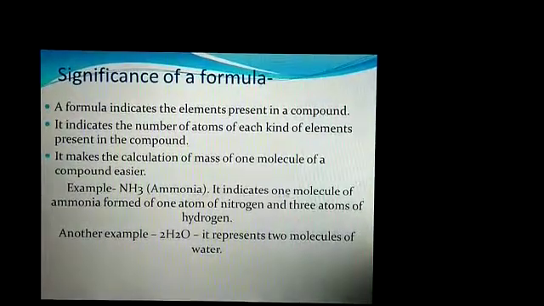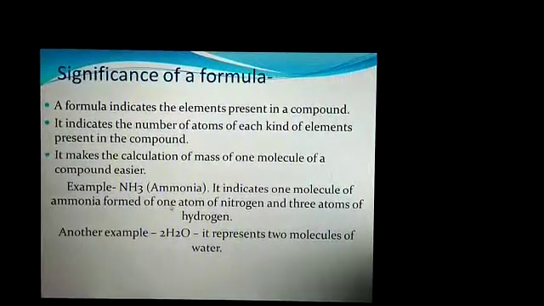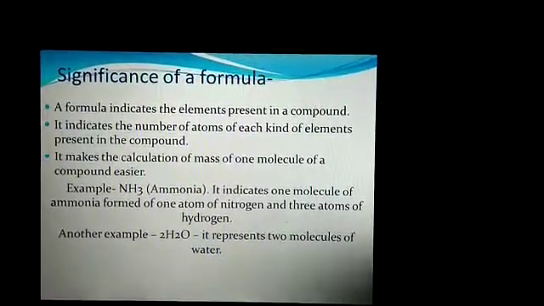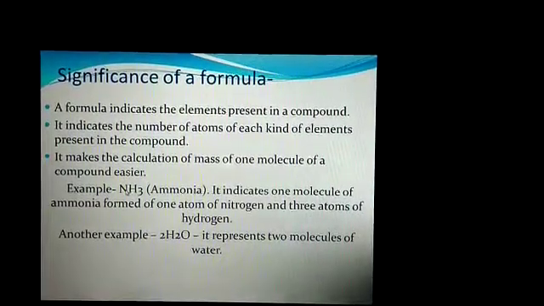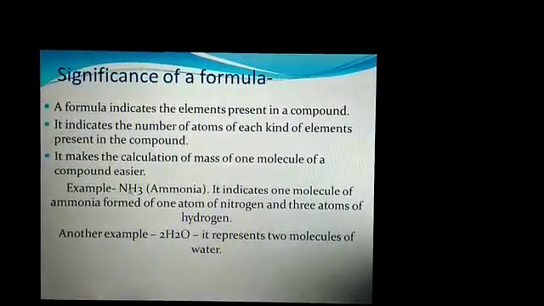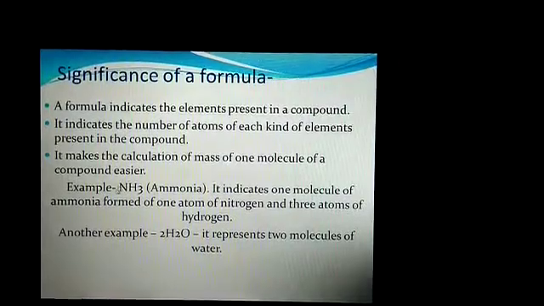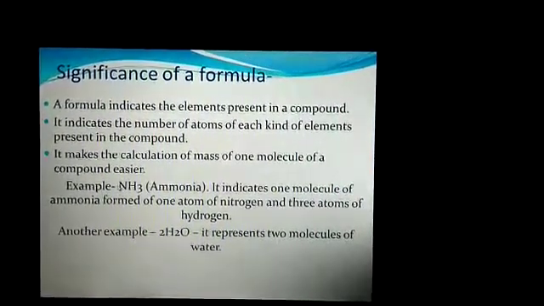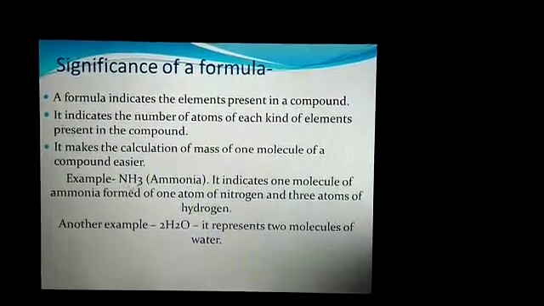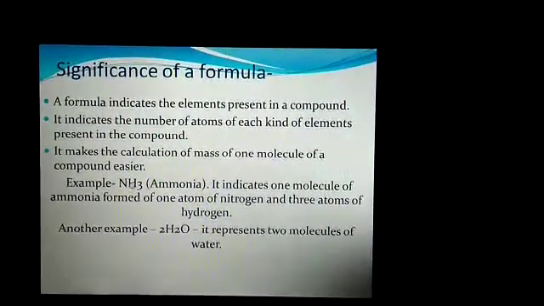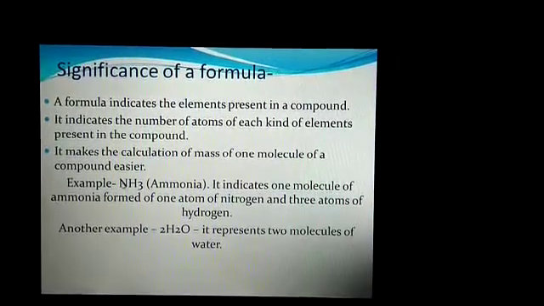It indicates one molecule of ammonia formed of 1 atom of nitrogen and 3 atoms of hydrogen. You can see that before N no number is written, so it means 1 is there. So it represents one molecule of ammonia, which is composed of 1 atom of nitrogen and 3 atoms of hydrogen.